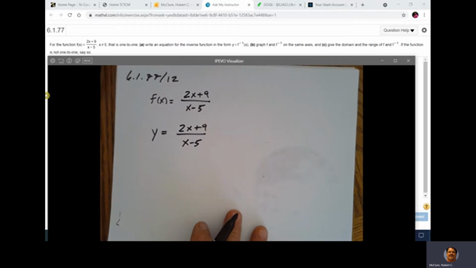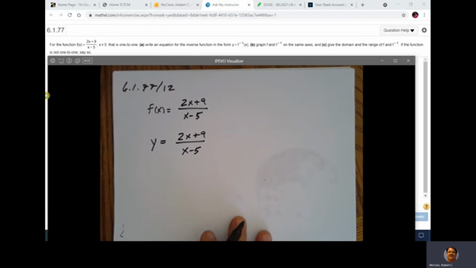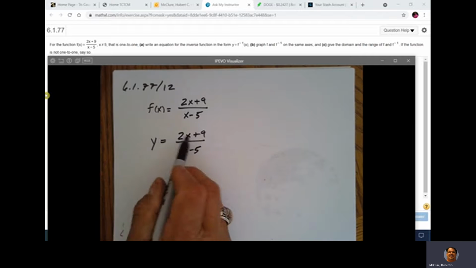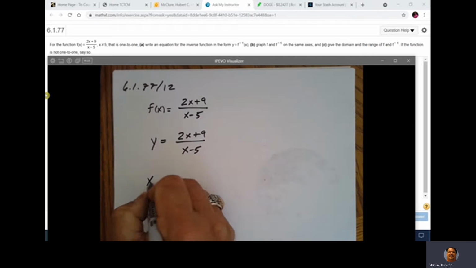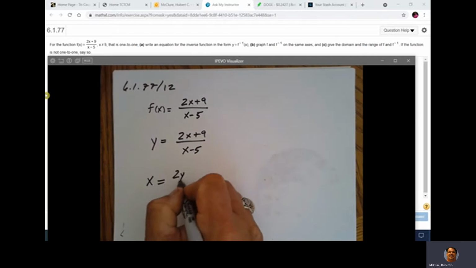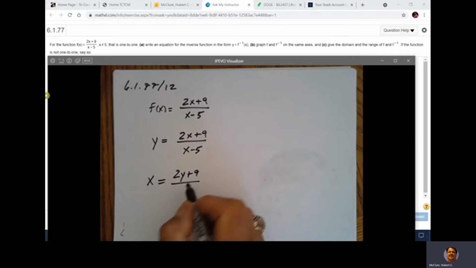And then I'm going to switch the y and the x's. This is what you do when you algebraically find the inverse. You switch the x and y's. So I'm going to make that x equals 2y plus 9 over y minus 5.